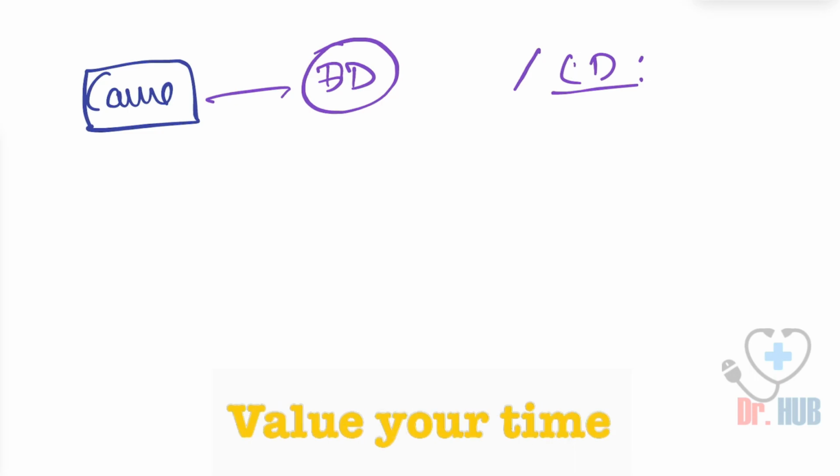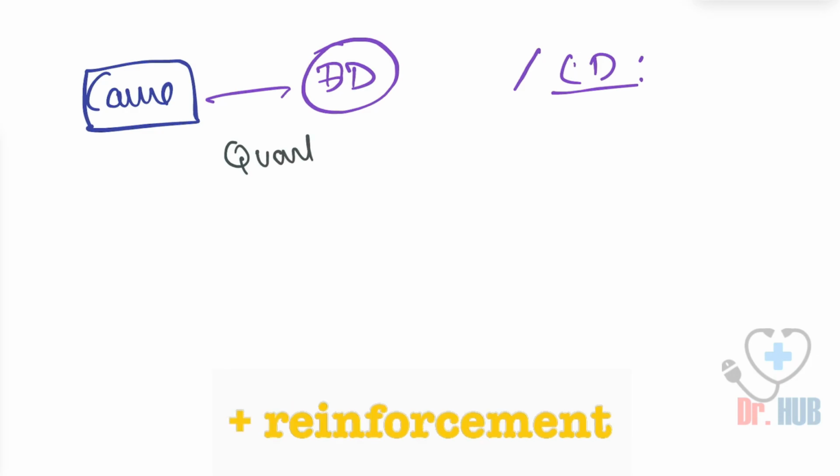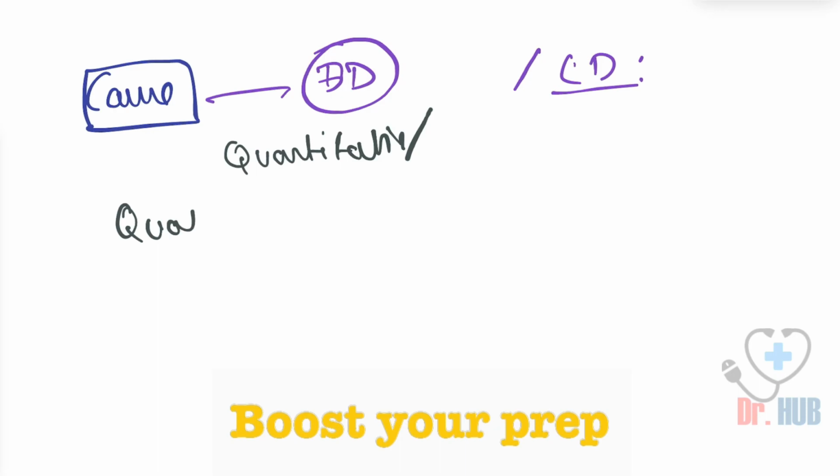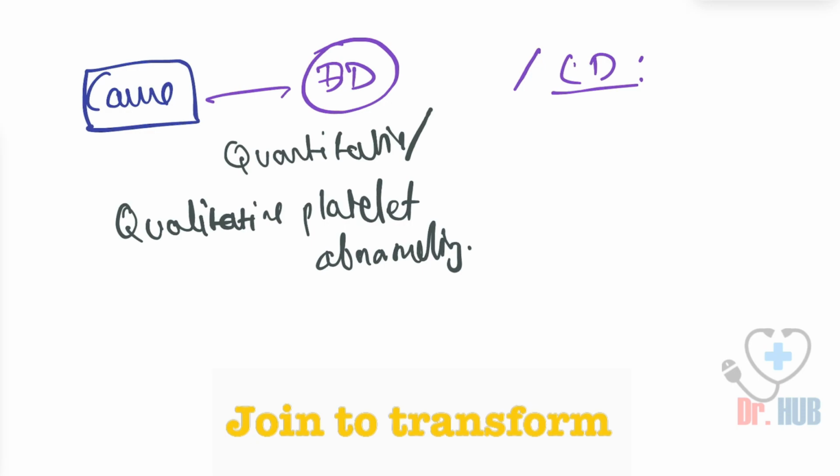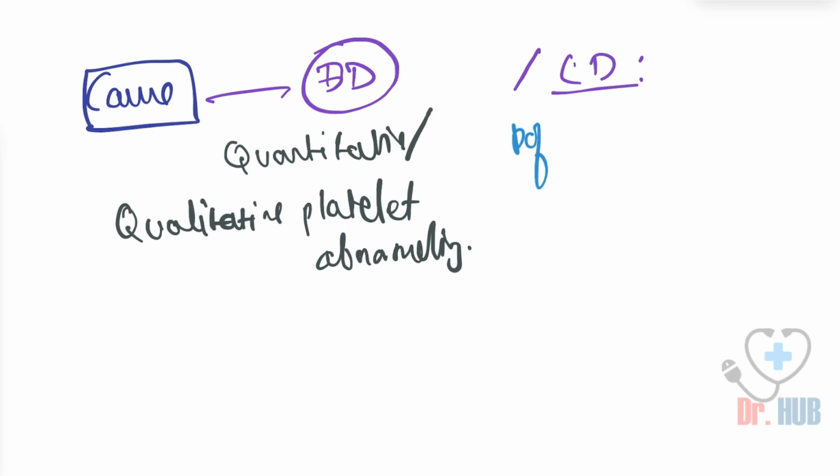The cause is the quantitative as well as the qualitative platelet abnormality. This is in case of the bleeding disorder. Next, in case of coagulation disorder, it is basically the deficiency of the clotting factors.